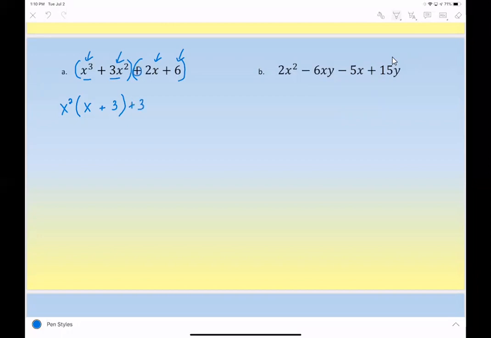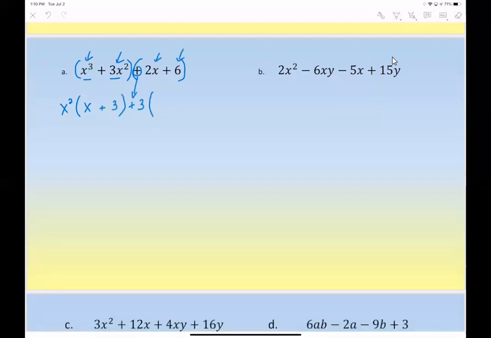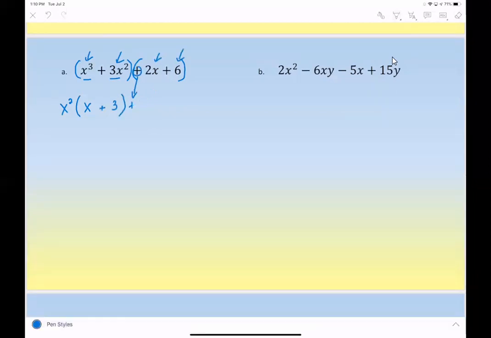I'm bringing this sign down. So we divide: 2x divided by 2 is x, and 6 divided by 2 is a positive 3.